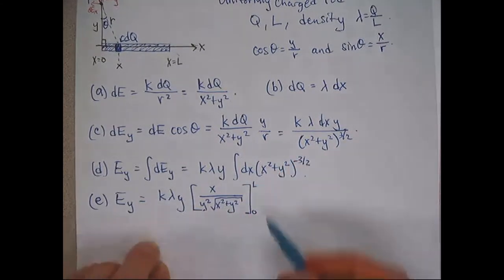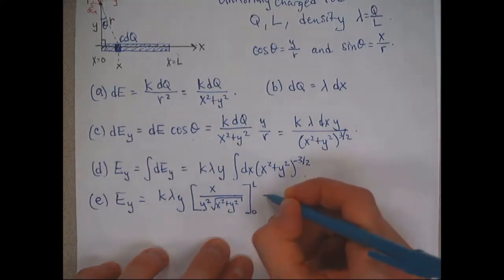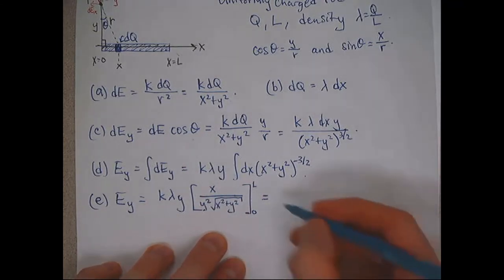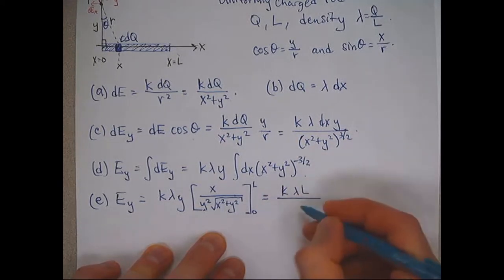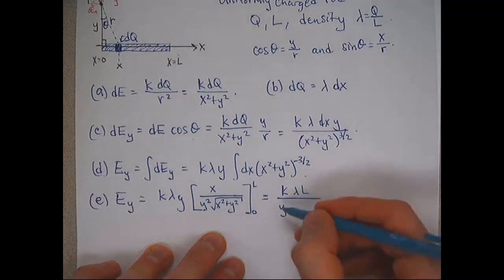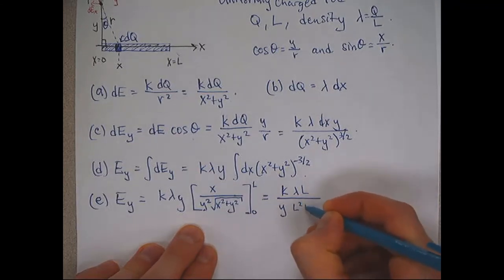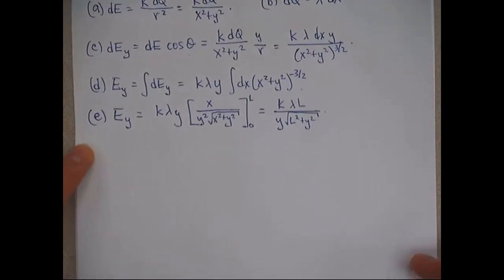Evaluating the limits of x from 0 to L makes the entire expression 0 at the lower limit. So we simply have k lambda L over y. One of the factors of y cancels out. L squared plus y squared under the square root. So this is your y component of the E field.